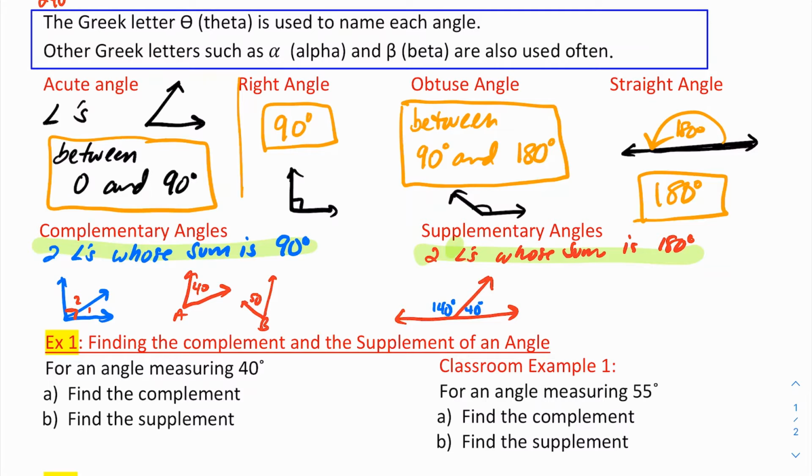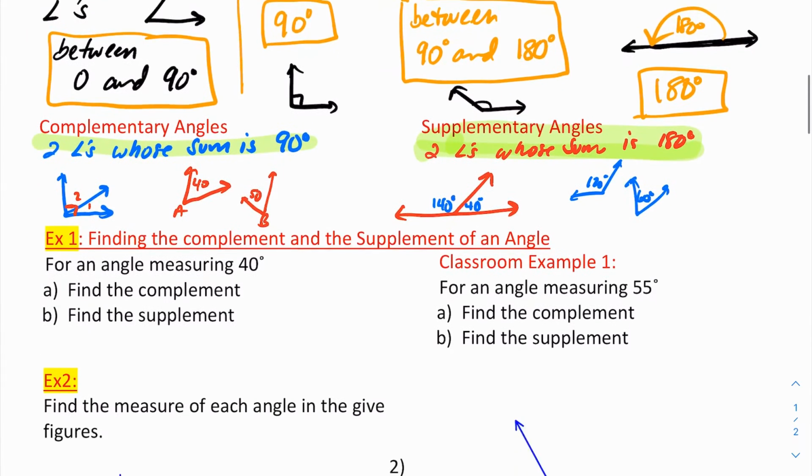Or they can be non-adjacent angles. So I can say that that's 120 and this angle is 60 and they add up to 180. If you have a hard time remembering which one's which, supplementary sounds super big, so supplementary would be 180.